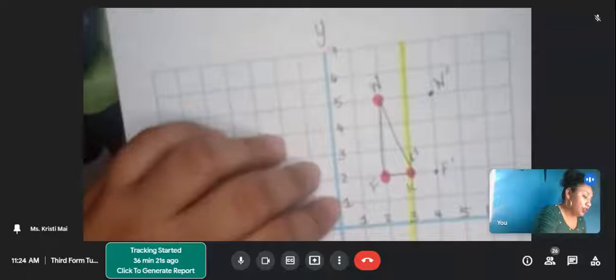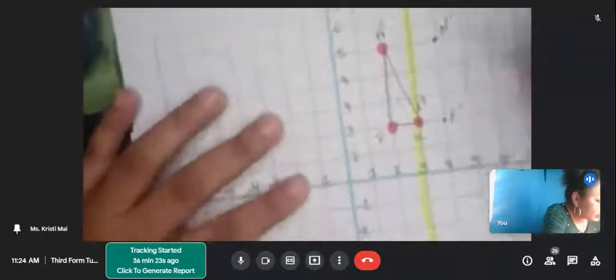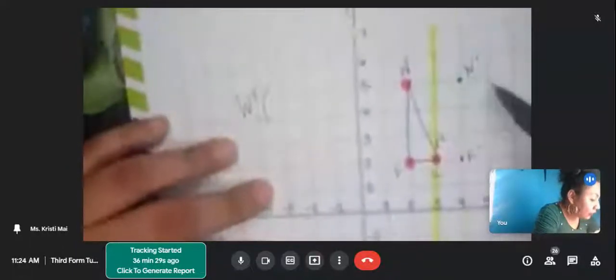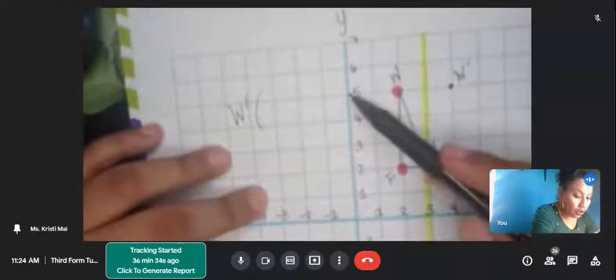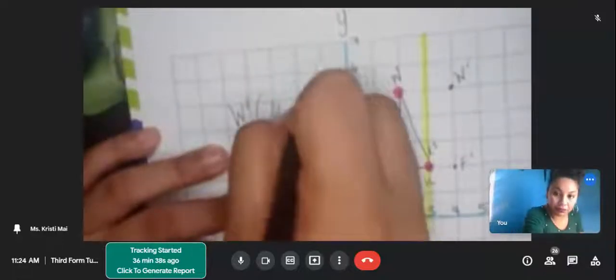Now, how would my answers look? What are the coordinates for W? W1, right here, has 4 on the X and 5 on the Y. So my point is gonna be 4, 5.